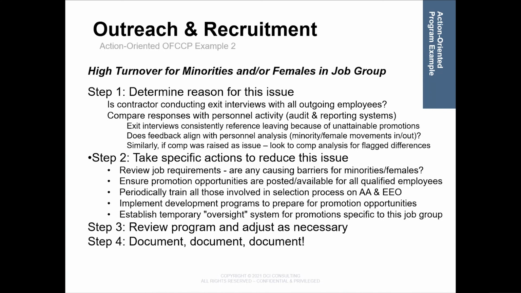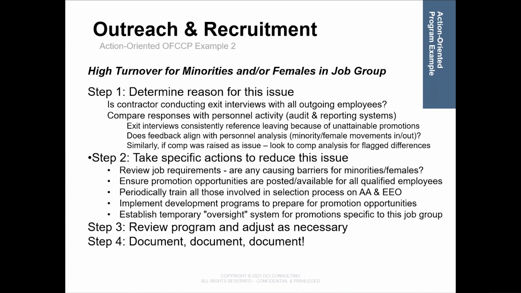And so this analysis of the personnel activity is an element of the company's audit and reporting system. Similarly, if compensation was raised as an issue, the company's compensation analysis could identify if there was a problem with women being paid less than men in the same positions.